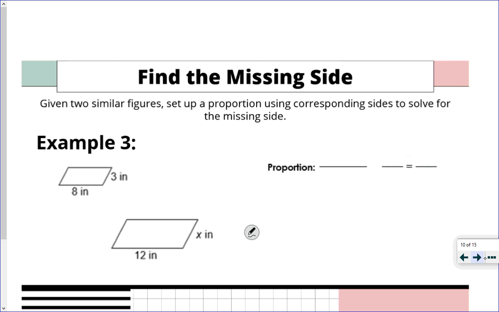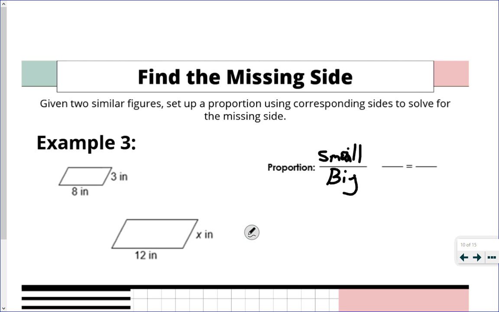So one of the nice properties of similar shapes is that if you don't know what the measurement of the side is, you can find it using a proportion. So in this example, we have a small parallelogram on top and a big parallelogram on the bottom.